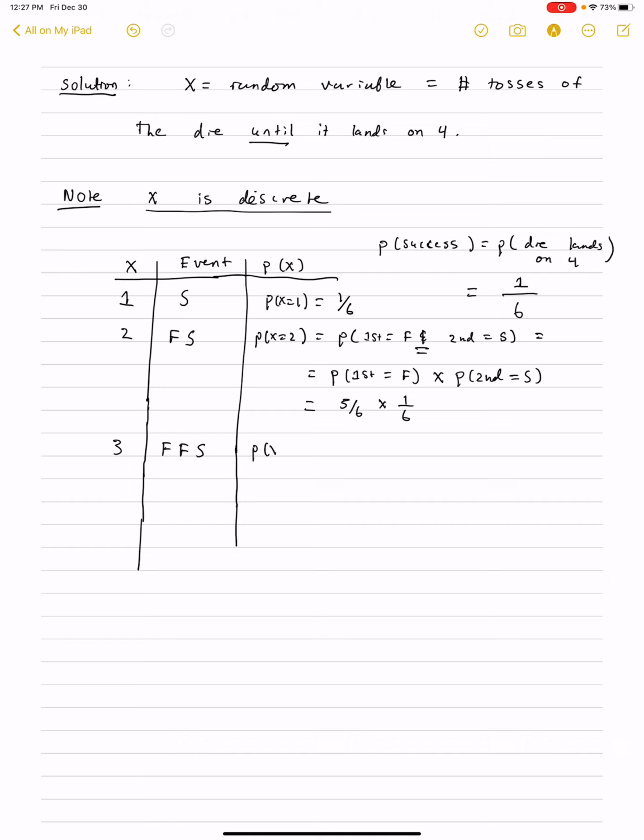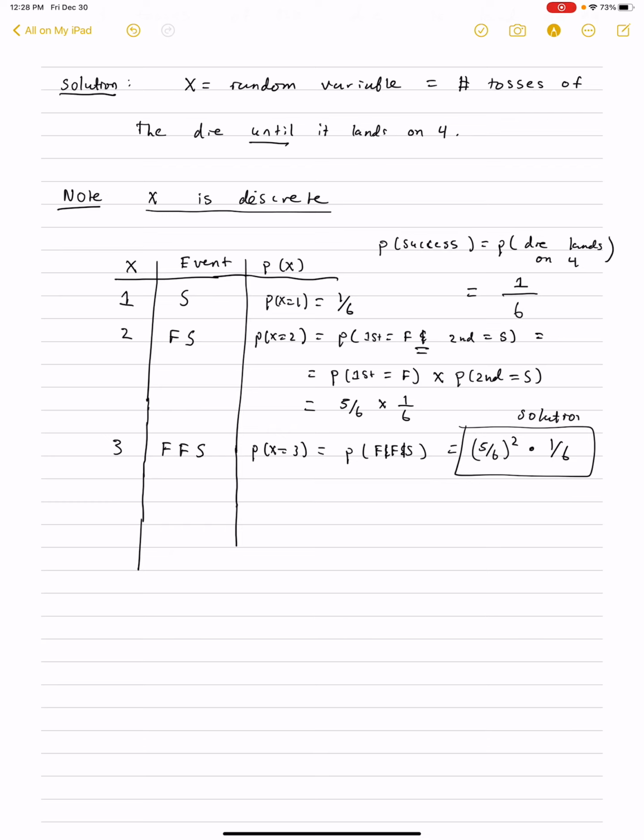So the probability X is 3 is the probability of failure, failure, success. Just like last time, we can multiply them, and we get 5/6 squared times 1/6. This is the solution we've been looking for.